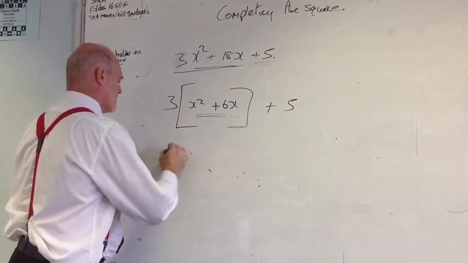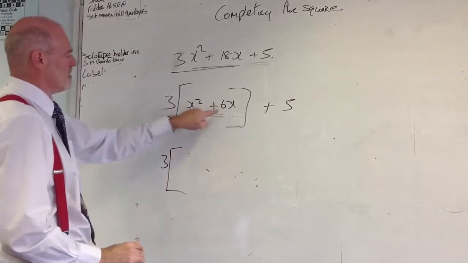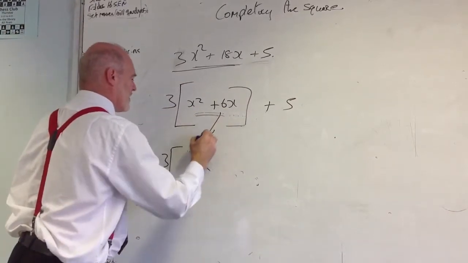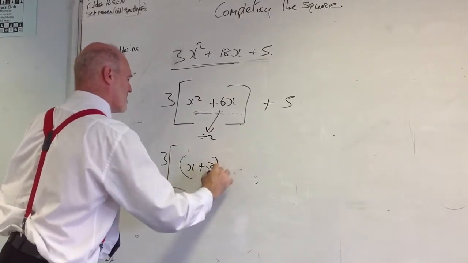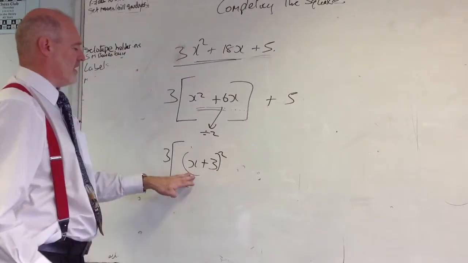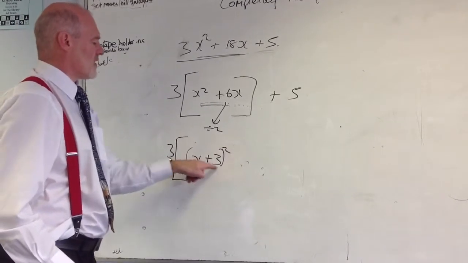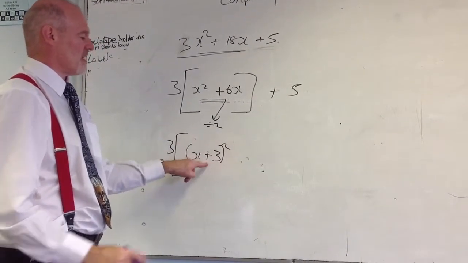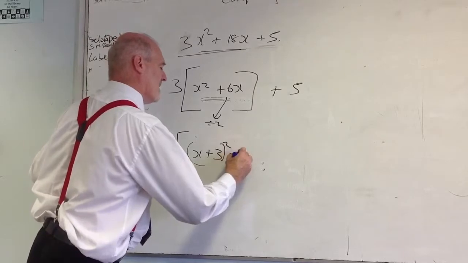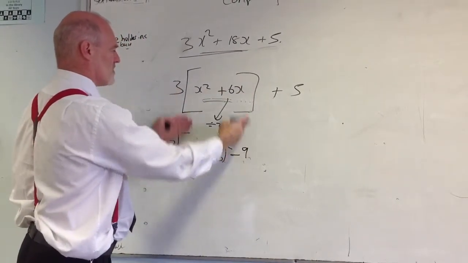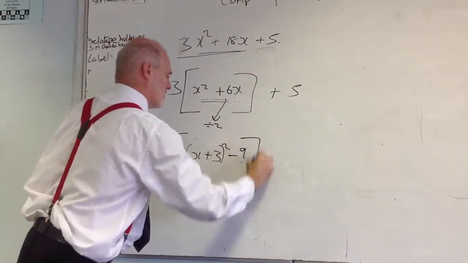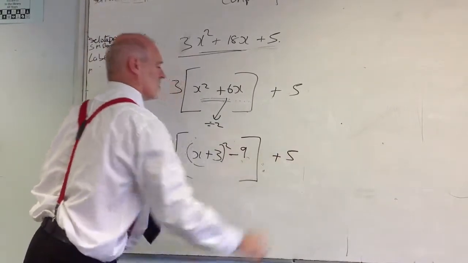Looking at that bit, again my big bracket, completing the square here, I have that number. Gives me x plus 3 squared. But when I work this out, that gives me a plus 9. So I immediately have to write minus 9. So that's the completed square version of that number, and I've got a plus 5 on the outside.